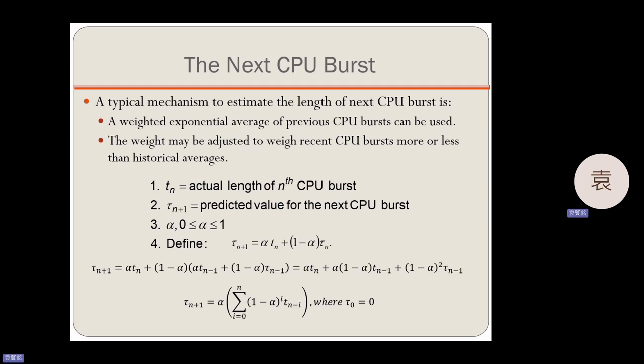Then we can use this to estimate the next CPU burst time. If we expand this tau sub n plus 1, we can get the following two formulas. Eventually, tau sub n plus 1 will be something like this. It depends on previous actual CPU burst times.